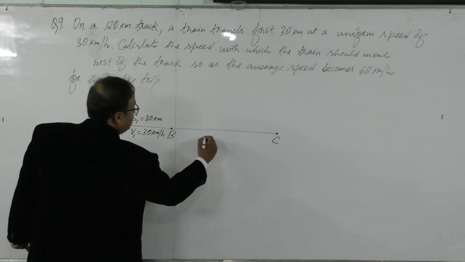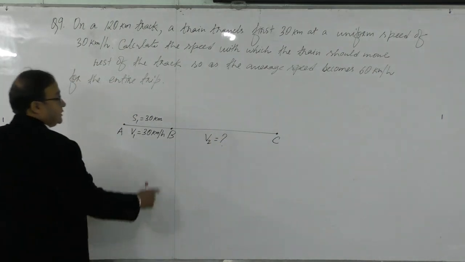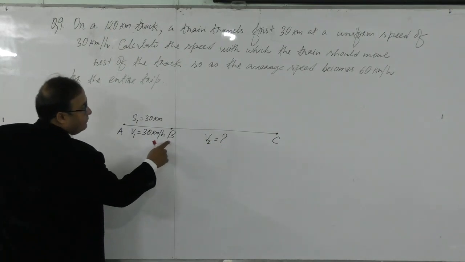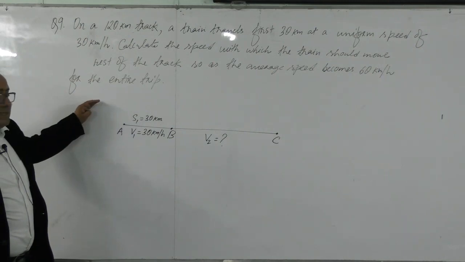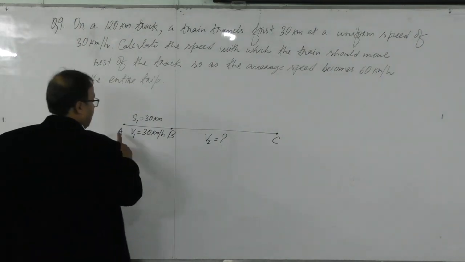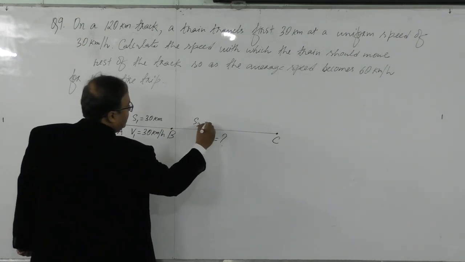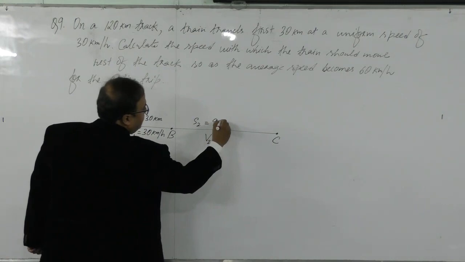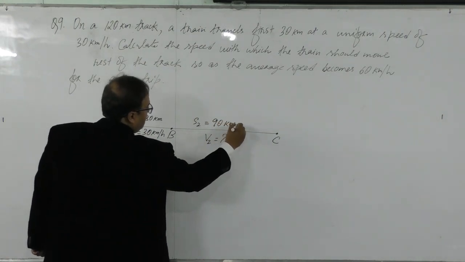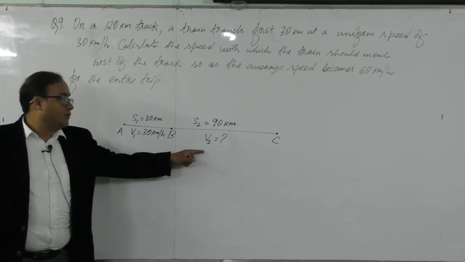We have to calculate the speed in this part, V2, with which the train should travel from B to C. We know the entire length is 120 kilometers, so S2 will be 120 minus 30, that is 90 kilometer. So we have to calculate V2.